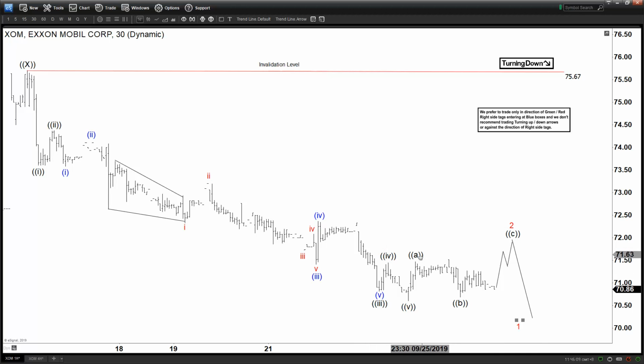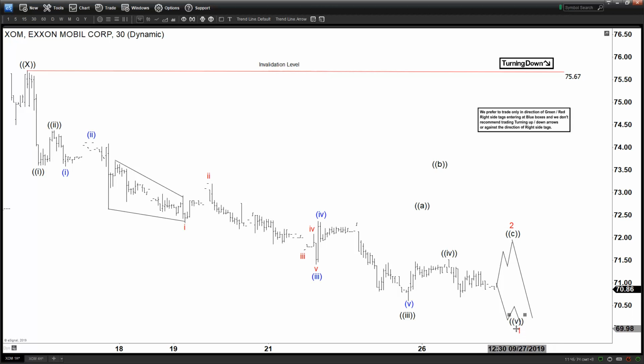You can adjust it a little bit like this, calling this wave 5, and that we are still within the wave 5. If that is the case, we will have another 5 waves down before finishing up this wave 5 here.